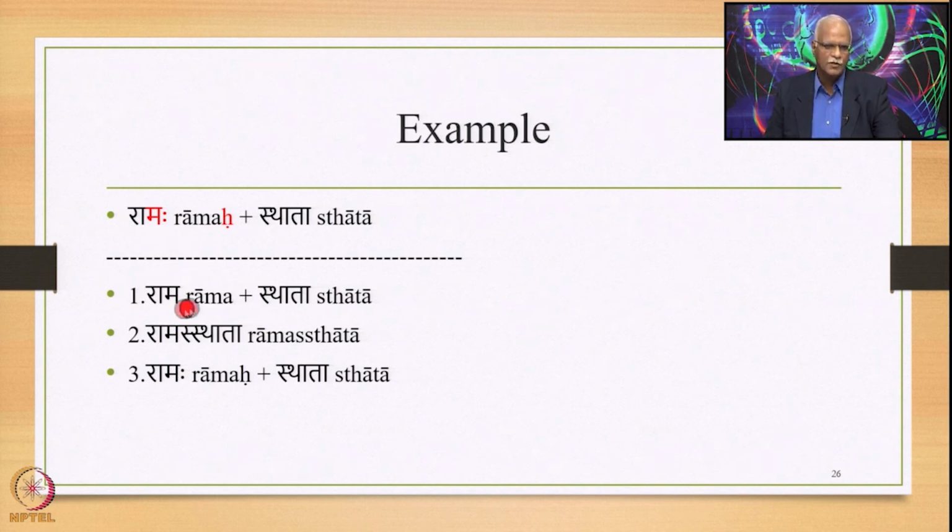So we have Rama plus sthata as the first output. The second output is this visarga gets substituted by sa. So we have Ramas and sthata. And the sutra Vashari says that this visarga is also substituted by itself. So we have Ramaha and sthata. These 3 outputs are generated by this particular sutra and the vartika.